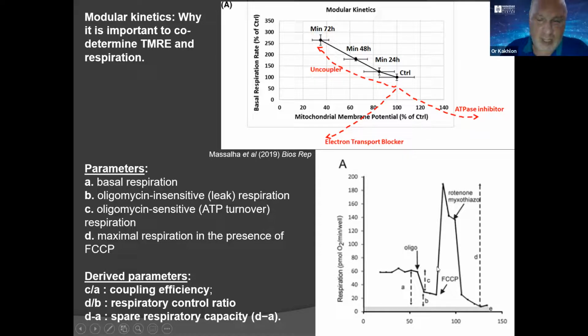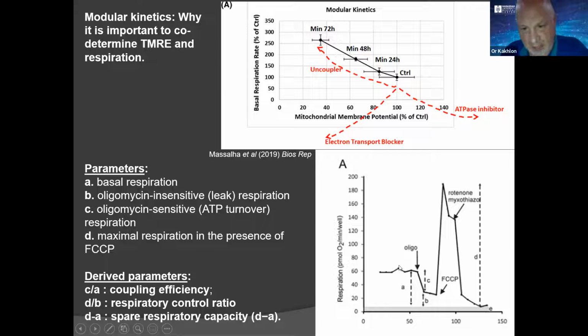Okay, and when we do the very basic Seahorse bioenergetic experiment, there are several parameters that we look at, and those are the basal respiration. Then we add an inhibitor of the ATPase, or ATP synthase, oligomycin, which causes a drop in the respiration.